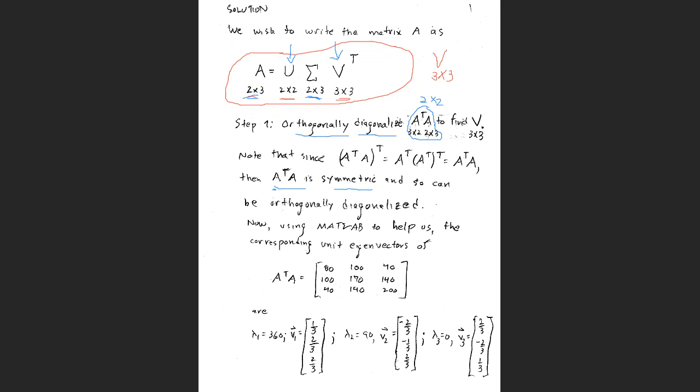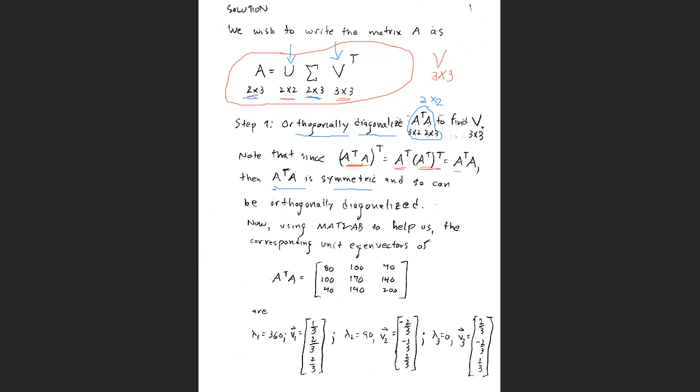Now, why is that true? Well, if you take A transpose times A and take its transpose, then by the law, the transpose of a product of 2 matrices is the product of their transposes in reverse order. So A transpose A quantity transpose is equal to A transpose times A transpose transpose.